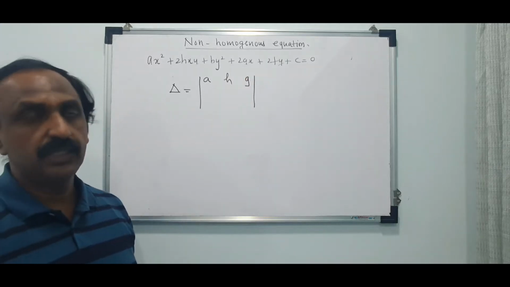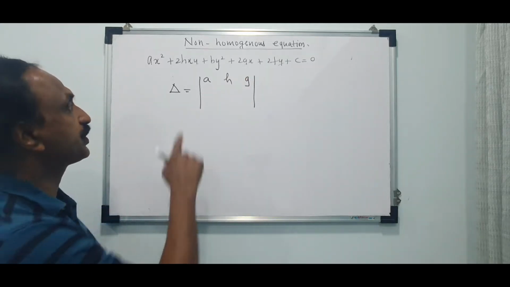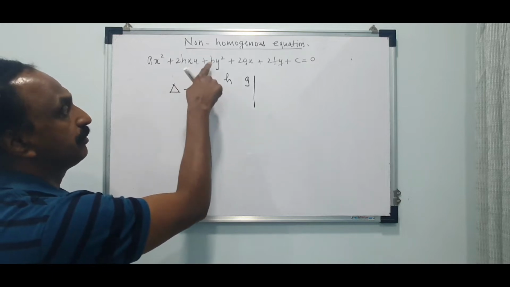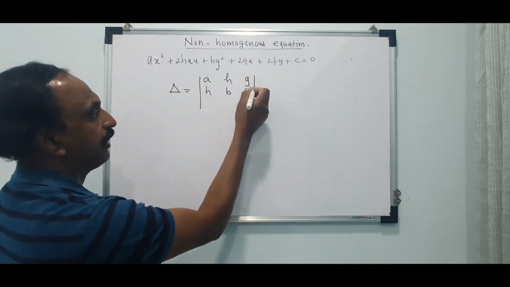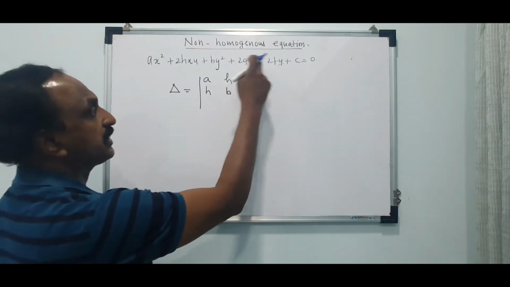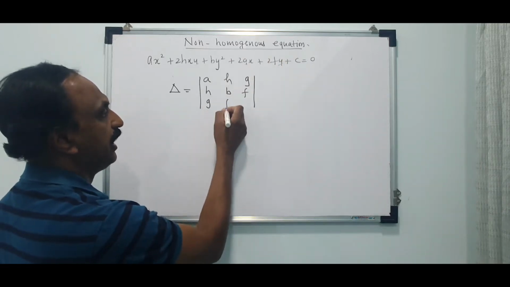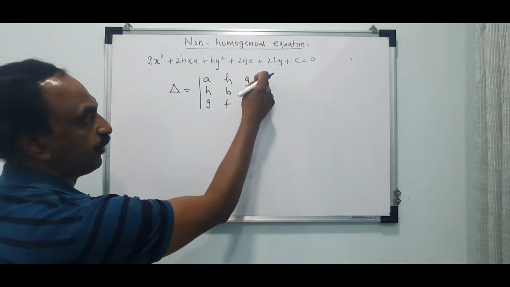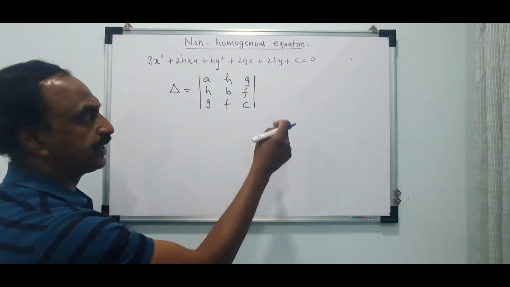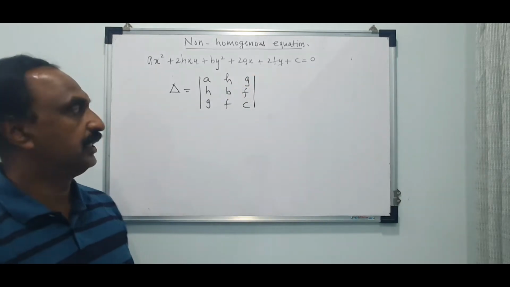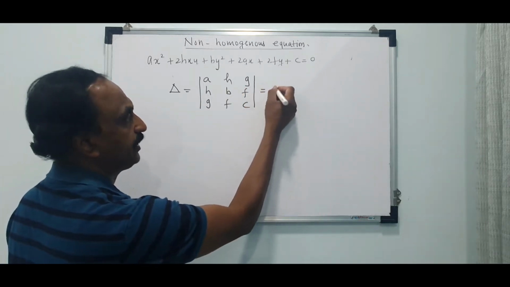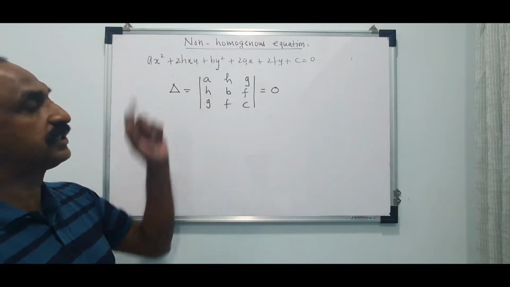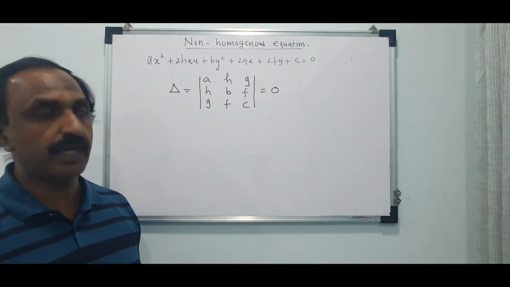Now take in the same order the y coefficients: h here, b here and f here. So h, b, f. Then take the last three, g, f, c. The x coefficients, the y coefficients and the last three alphabets give you the determinant. If this value of the determinant is 0, then this equation would represent a pair of lines.